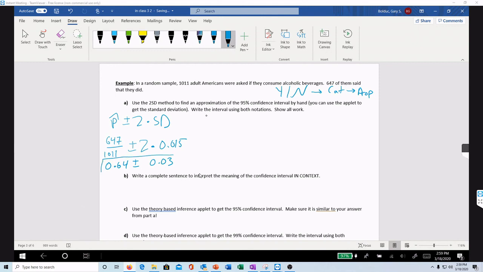Okay, so boom. That's one way to write the confidence interval. The other way is to do 0.64 minus 0.03, which is 0.61, and 0.64 plus 0.03, 0.67. That's the confidence interval. That's all there is to it. So just as a reminder, this is from the applet.